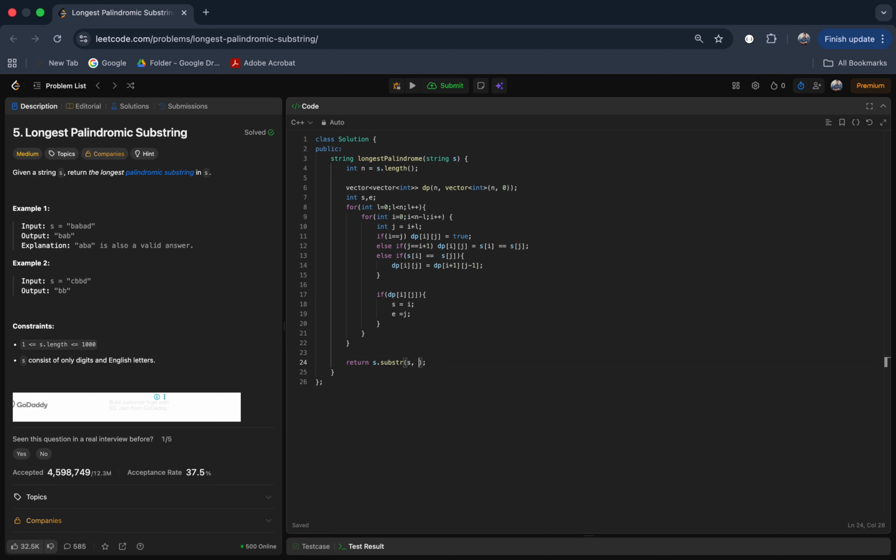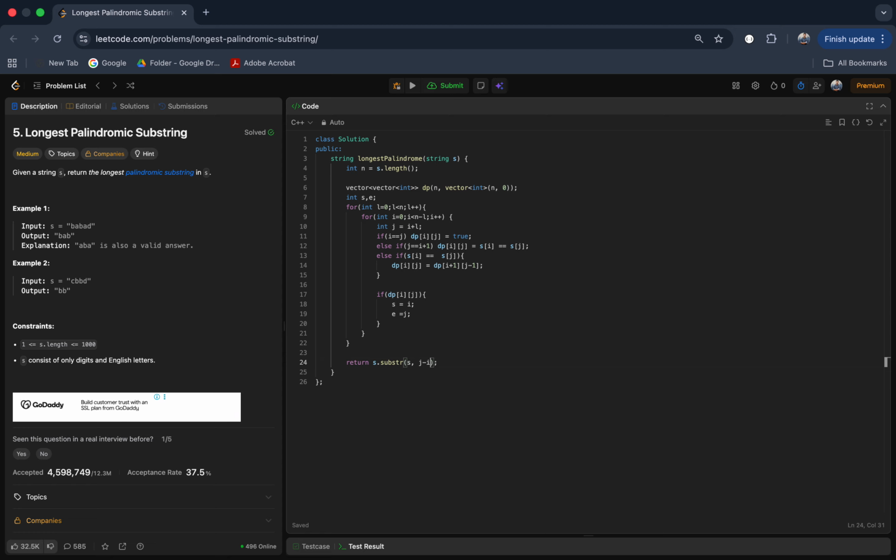So length will be j minus i, and since we have the indexes, j minus i.